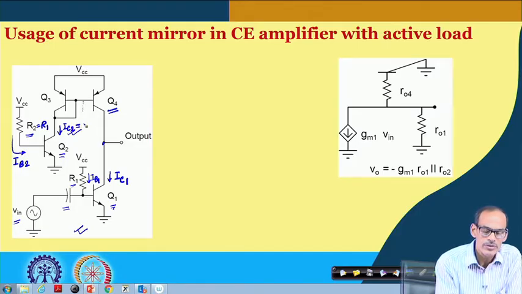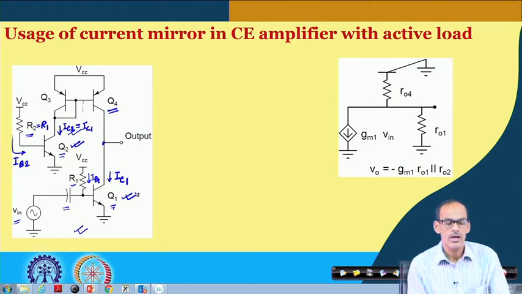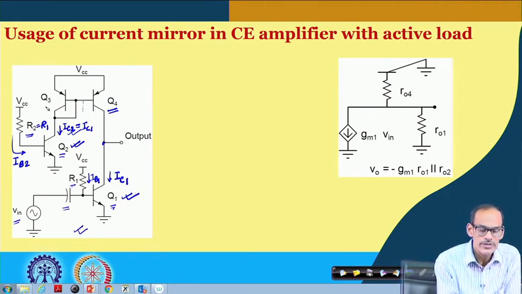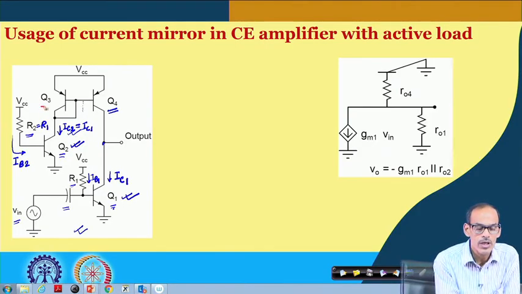IC2 becomes equal to IC1, assuming that transistor 2 and transistor 1 are identical. Now, by virtue of this current mirror, and if I assume that Q3 and Q4 are identical, then this current IC2 is getting mirrored here.